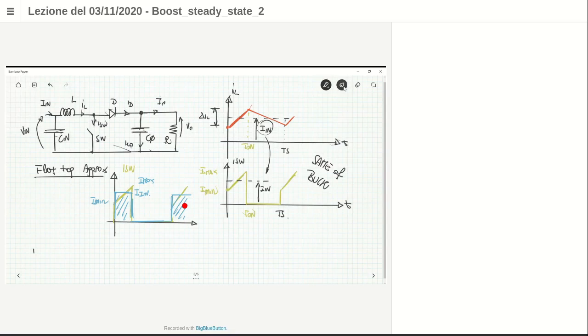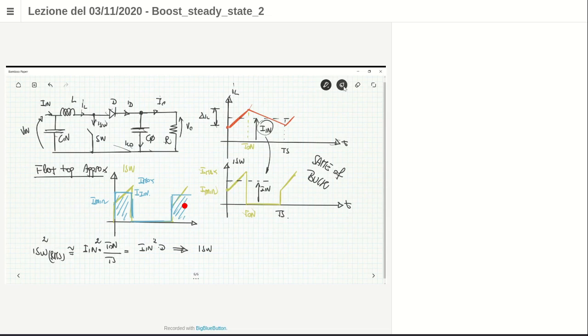In that case, we have that I switch, the root mean square current squared, is equal to I in squared multiplied by T on divided by Ts. But T on divided by Ts is the duty cycle, so we multiply it.